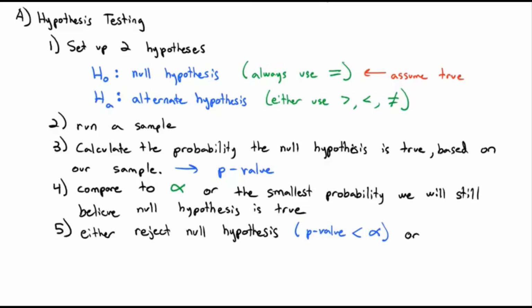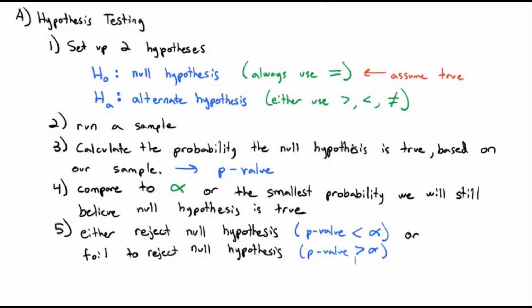Or we will fail to reject the null hypothesis. That's the case where the p-value is greater than alpha, or it's just too big of a probability to believe that the null hypothesis is false.